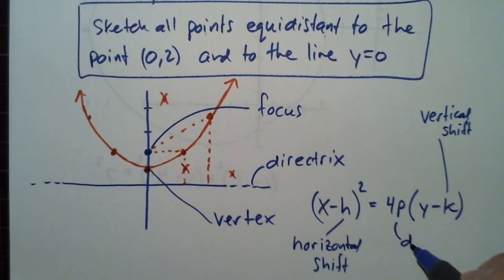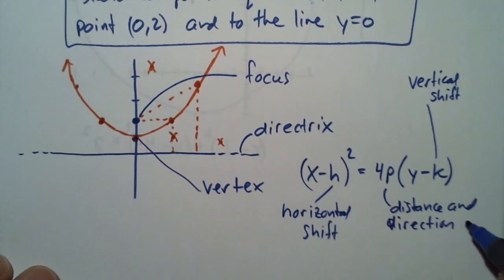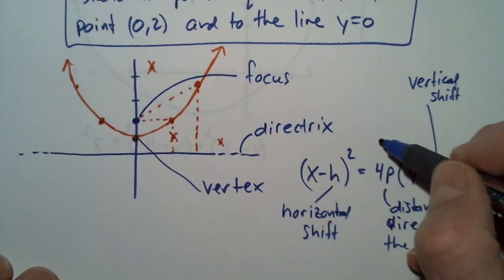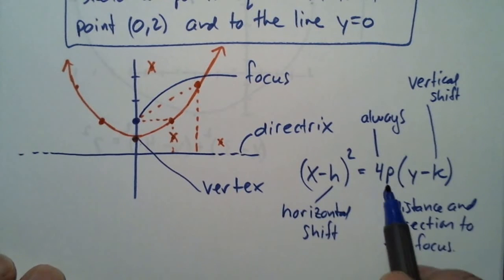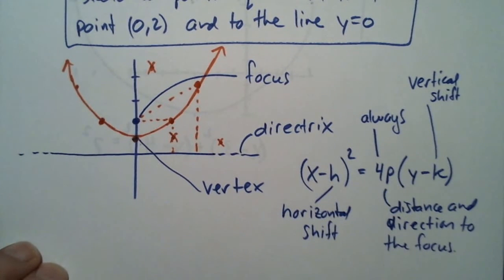This is the distance and direction to the focus. In this formula, we'll always have a 4.